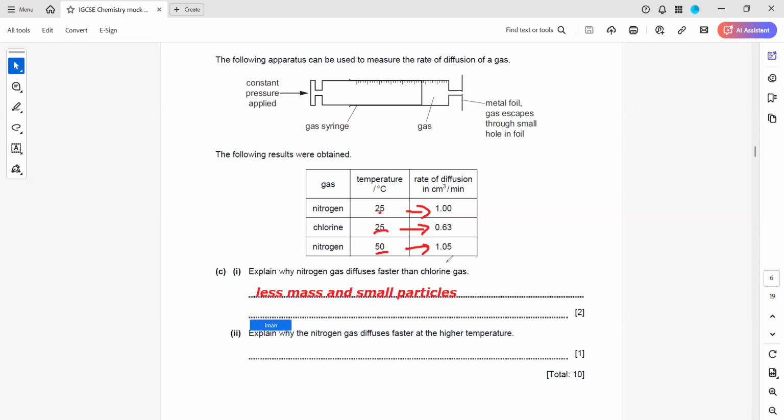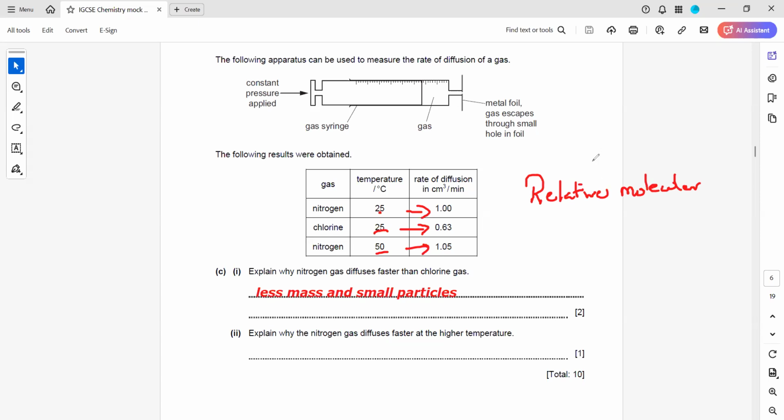Explain why nitrogen gas diffuses faster than chlorine. No need to say particle size, but it's worth 2 marks. How do you score the 2 marks? It is very important to use the term relative atomic mass or relative molecular mass, the mass of a molecule compared with a carbon atom.